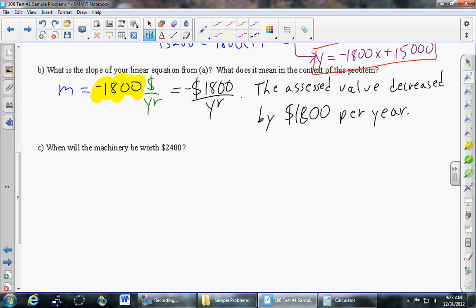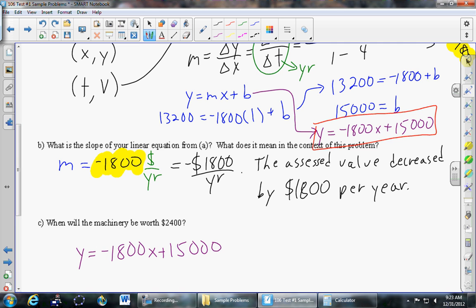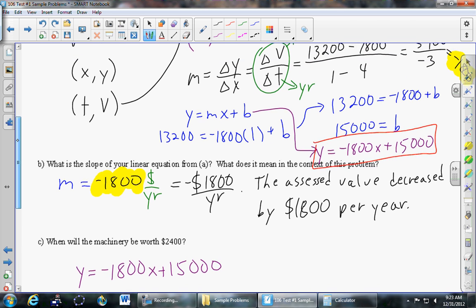Part C, when will the machinery be worth $2,400? So we're going to copy that purple equation. And definitely we're going to substitute something for 2,400, or 2,400 for something. So you know what, I probably shouldn't have written that purple equation with x's and y's. Let's change that. Instead of x's and y's, let's go to the letters that were actually given in this problem.